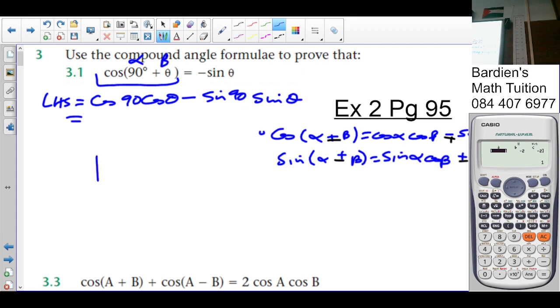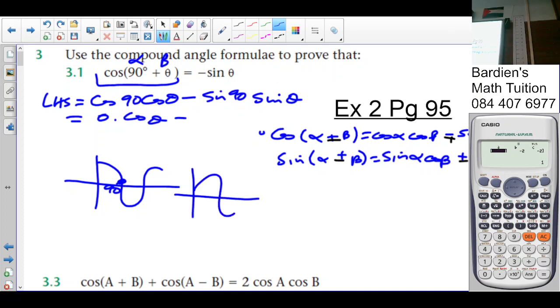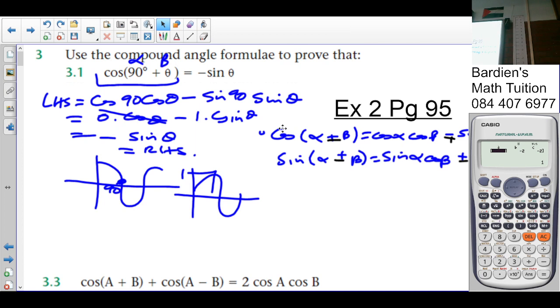Now cos of 90 is 0. So this here is 0 times cos of theta. Well, I could have just pulled the line through. Minus sine of 90. The sine graph. Sine of 90 is 1 times sine of theta. That's simply going to give us negative sine theta, which is equal to the right hand side. Okay. Any issues here? Any questions? No?